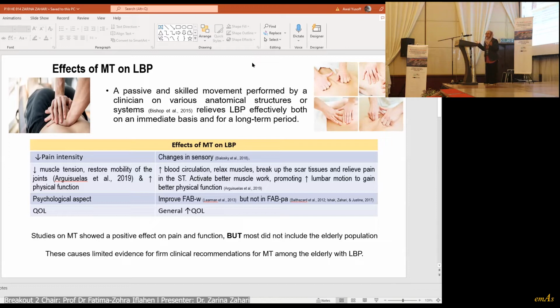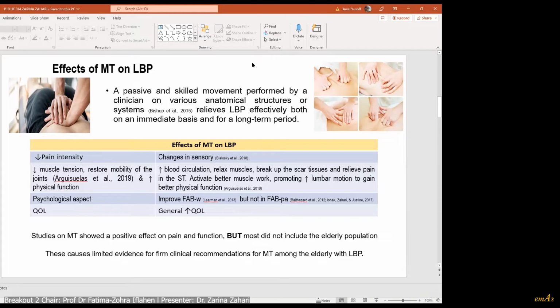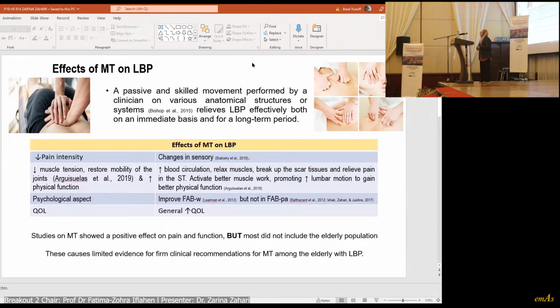How does it work? This can happen by increasing the blood circulation surrounding the region where the manual therapy is conducted. It also helps to relax the muscles, therefore you can move better. It also breaks up the scar tissues and relieves pain in the soft tissue.